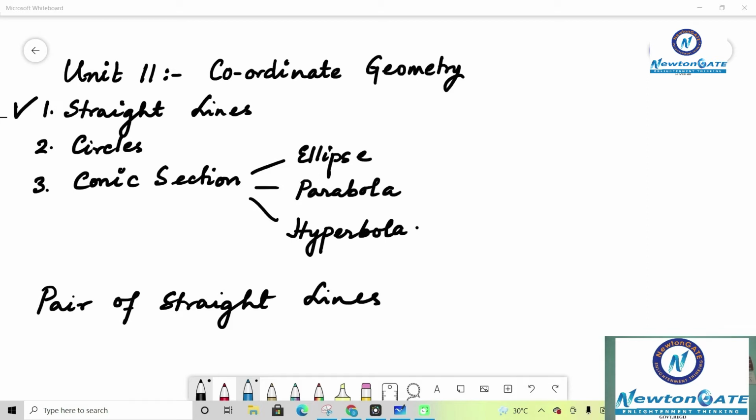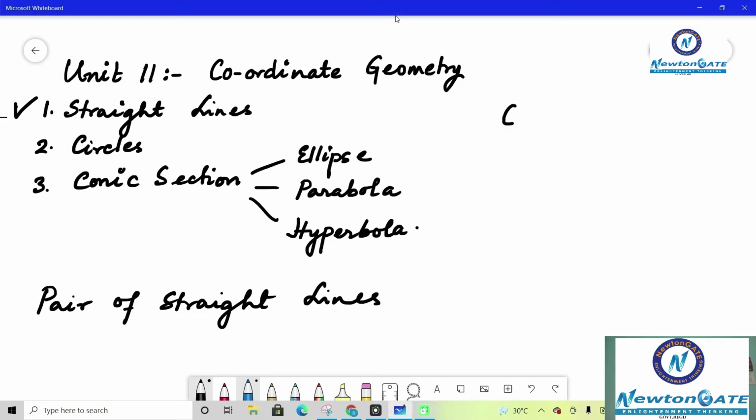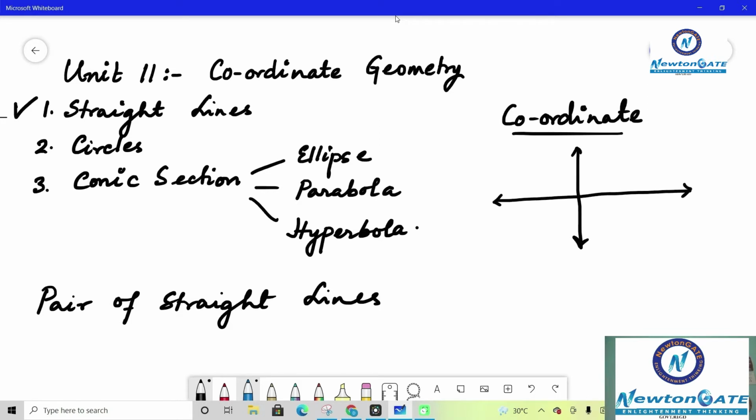Before starting the topic, we all have learnt in our previous classes what coordinate geometry is. Let's take a quick review. As the name suggests, coordinate. Why is it called coordinate? Because while representing a particular point, we will be needing 2 numbers.